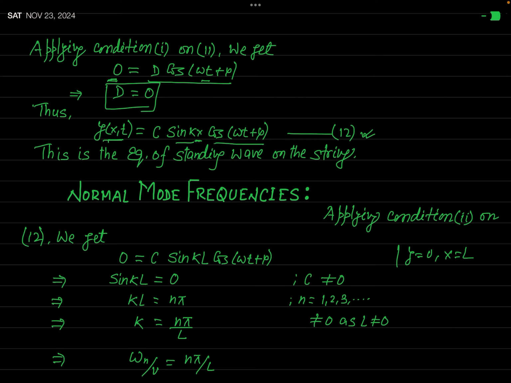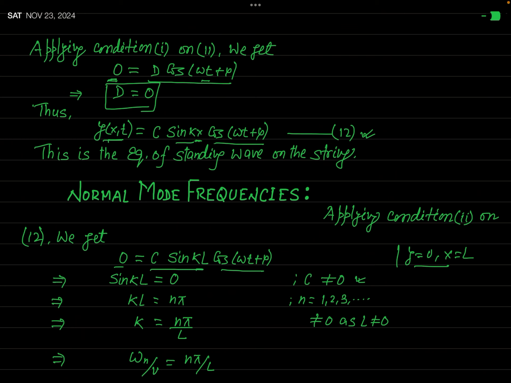So you can see equation 12 now becomes, after the application of this boundary condition, 0 equal to c times sine kL times cosine of omega t plus phi. Again, for all t, cosine of omega t plus phi cannot be 0. So definitely c times sine kL will be 0.